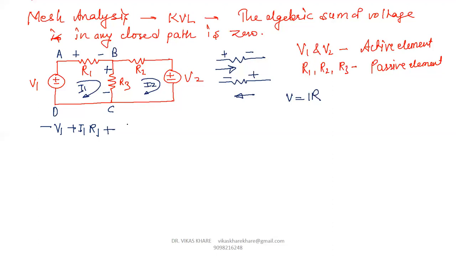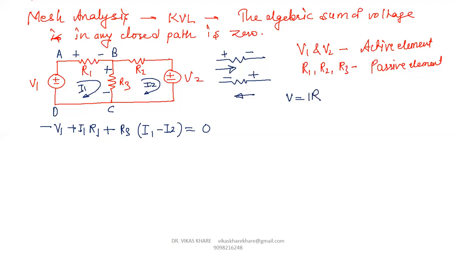Now for R3, it is R3 into I1 minus I2 equals 0. Why do we consider I1 and I2? Because the R3 branch is the intermediate branch, and both I1 and I2 flow through it. Why I1 minus I2?